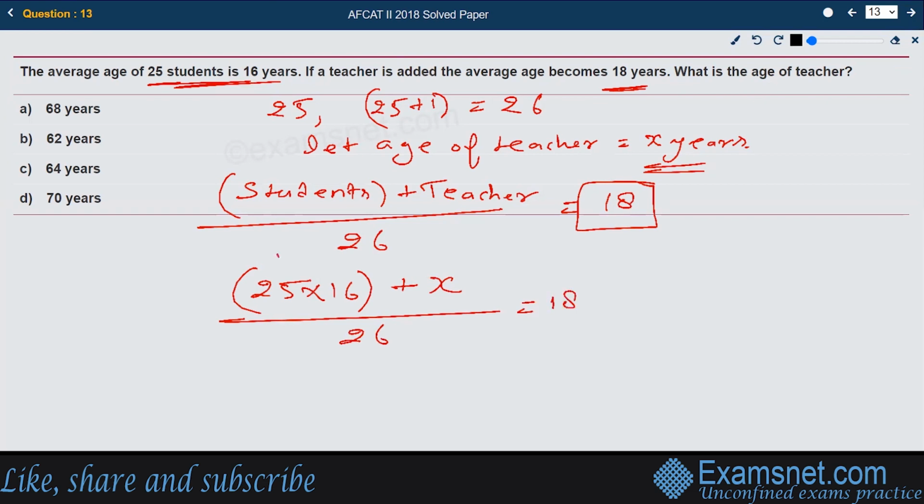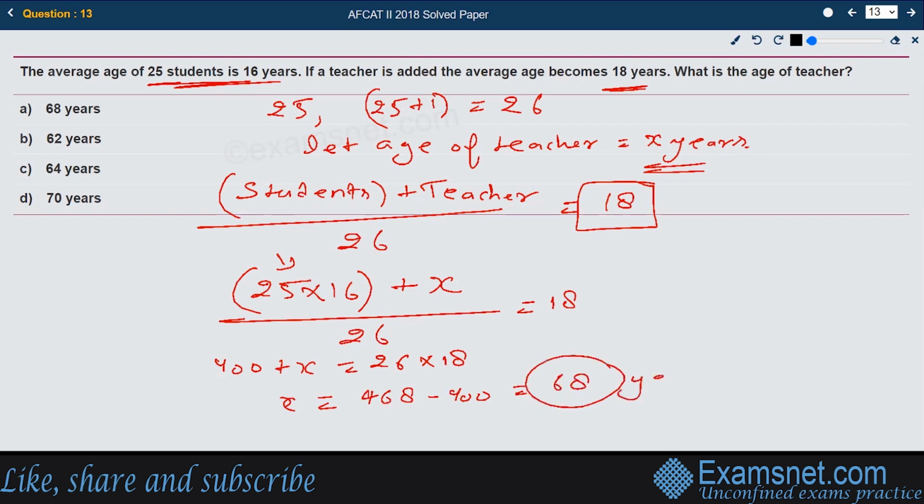If I further solve this, 25 into 16 gives me 400. 400 plus X should become 26 into 18. 26 into 18 gives me 468. So it has to be 468 minus 400, that is going to be 68 years. So that is the right answer. 68 years is the teacher's age that has been added.